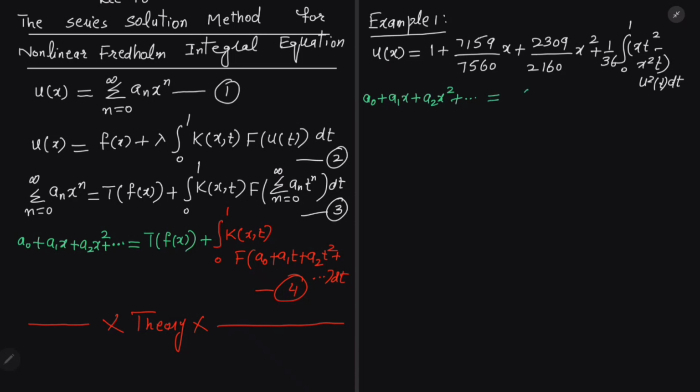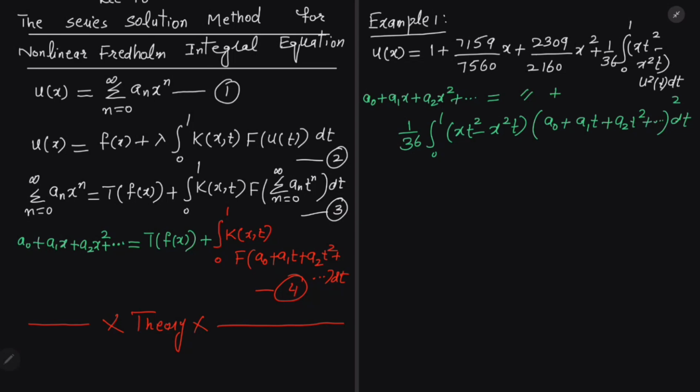On the right hand side, we have the same terms, which will not change, plus 1 by 36, integral from 0 to 1 of (x t square minus x square t), and we put a0 plus a1 t plus a2 t square plus so on, and its square.